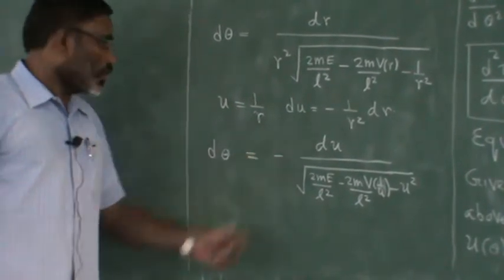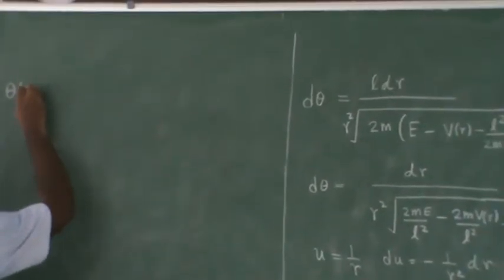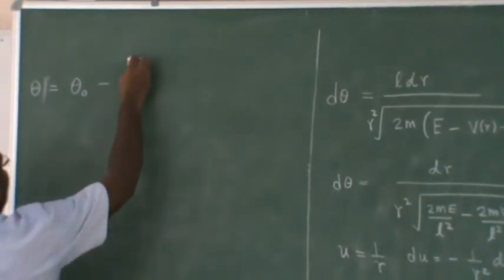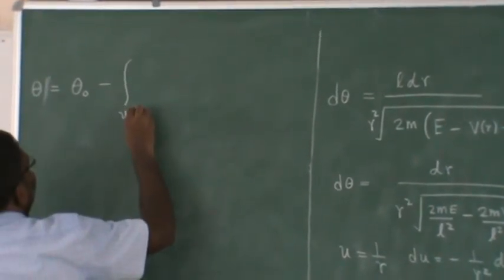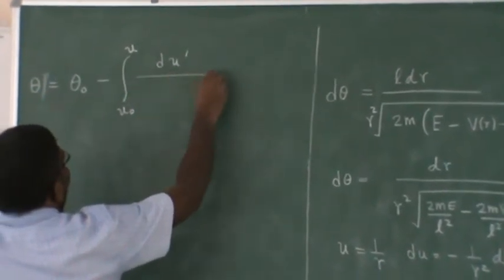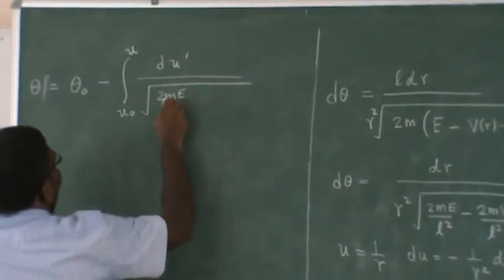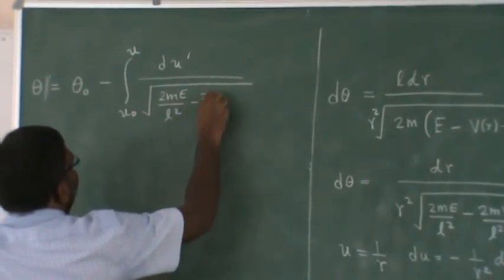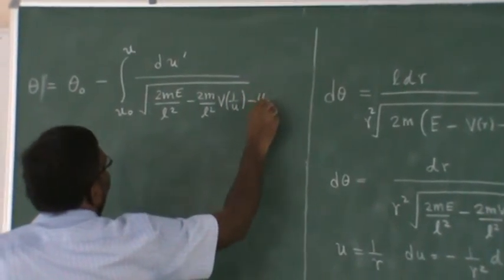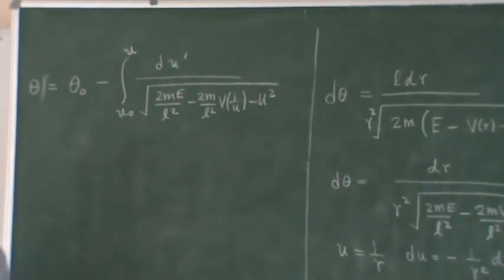So theta as a function of u is equal to theta naught minus integral from some u naught to u of du prime divided by square root of twice mE by L square minus twice m by L square V of 1 by u prime minus u prime square. So if you can integrate this for a given V, you will get that.